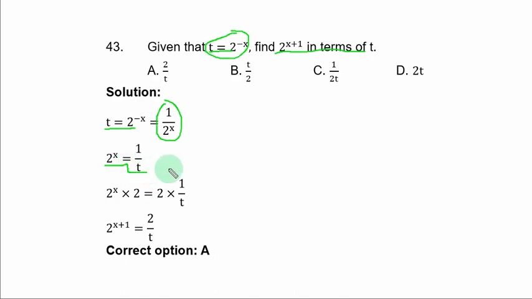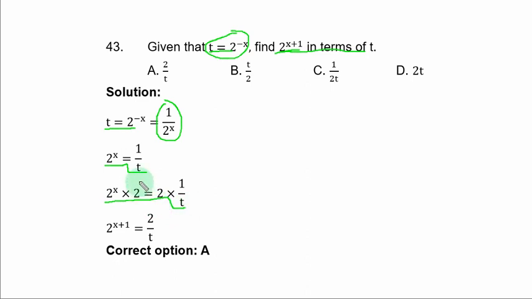For us to get this term here, you know that if you multiply 2 power S times 2 power 1, the same base, if you add the powers, you have 2 power S plus 1. For that, you multiply both sides by 2.